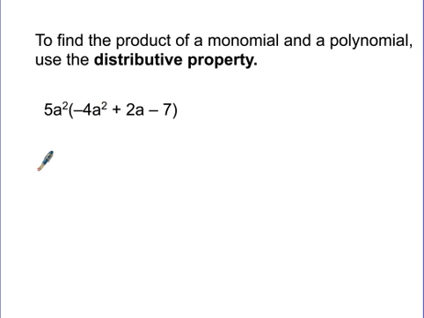5 times negative 4 is negative 20. And then a squared times a squared is? A to the fourth. When you multiply bases, add exponents. Okay? And then you've got a positive times a plus, so it's plus. 5 times 2 is 10, and a squared times a to the third.